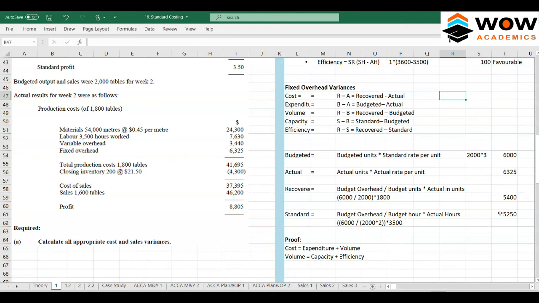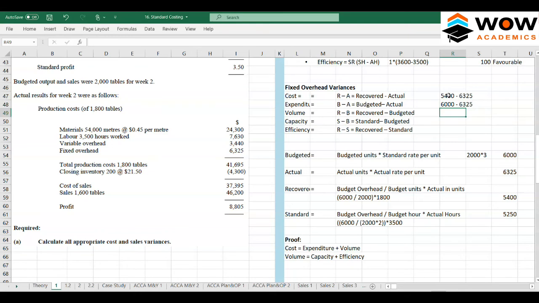So first we'll find out R. R is 5400 minus A, which is 6325. B is 6000 minus A, which is 6325.